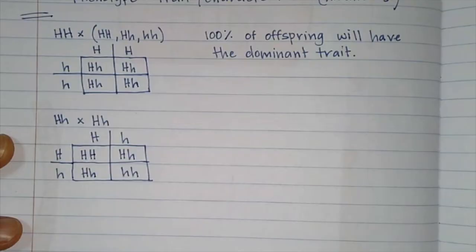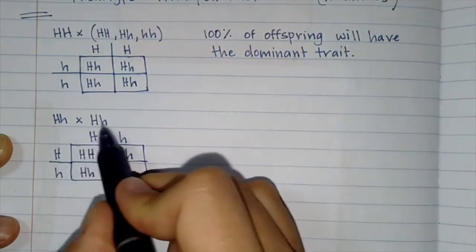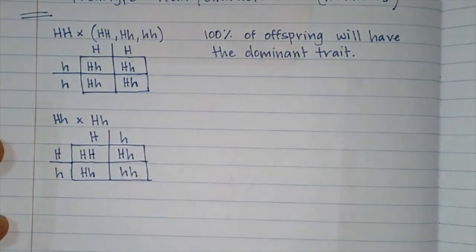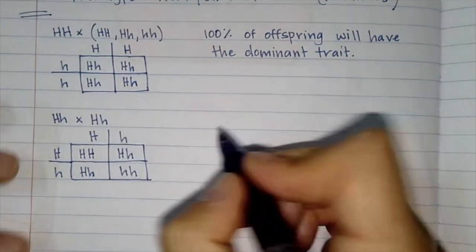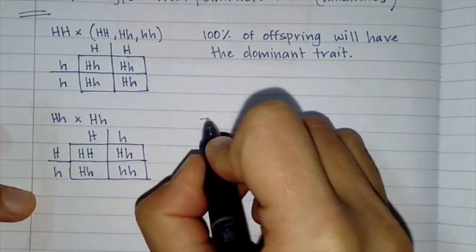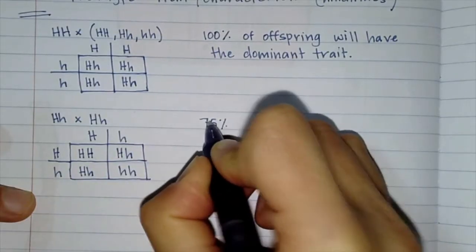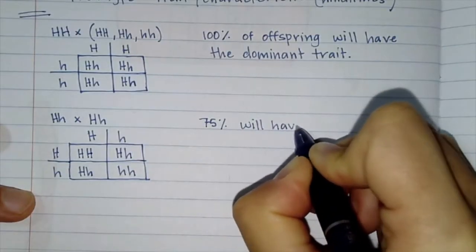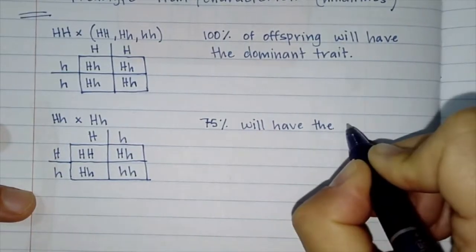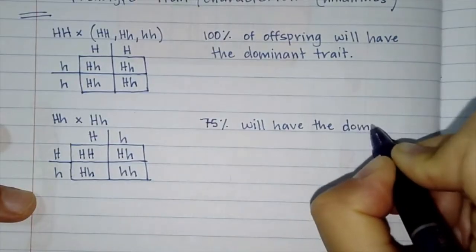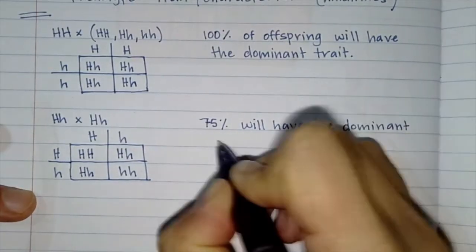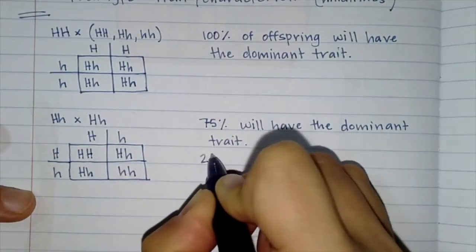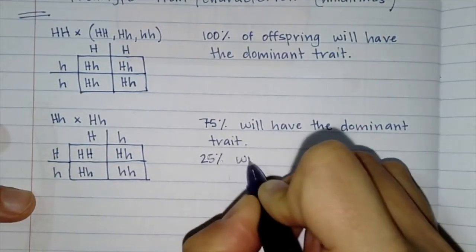And what we can see from this is that when you have this type of a cross, when both parents have one of each, a dominant and a recessive allele, you're going to end up with 75% will have the dominant trait, and 25% will have the recessive trait.